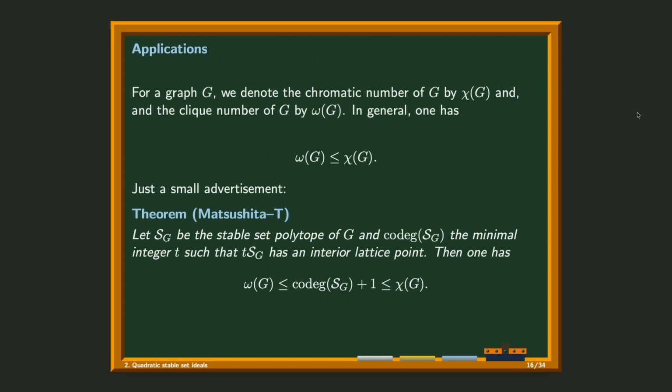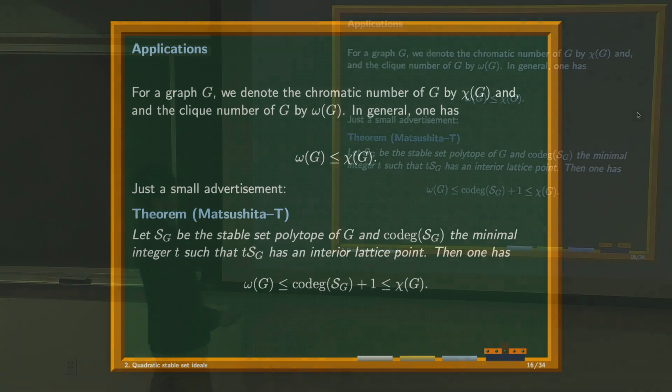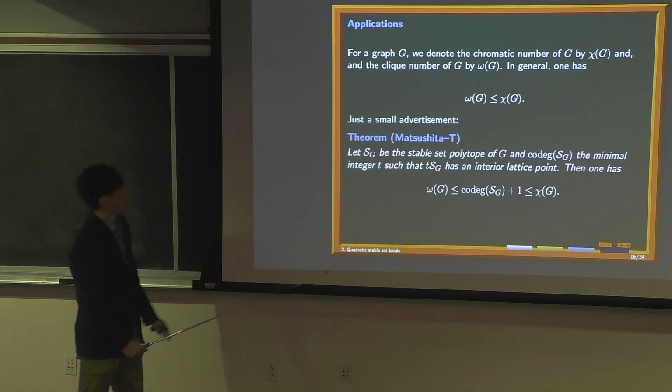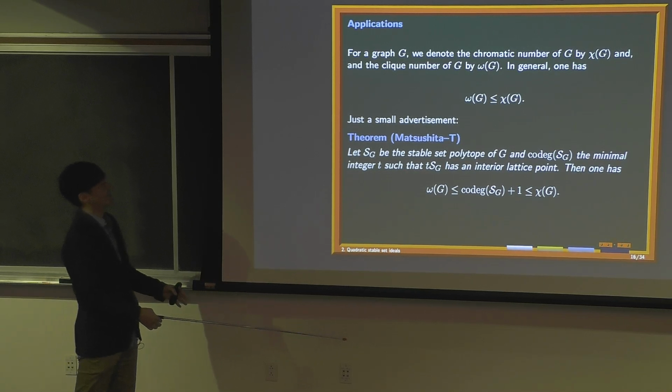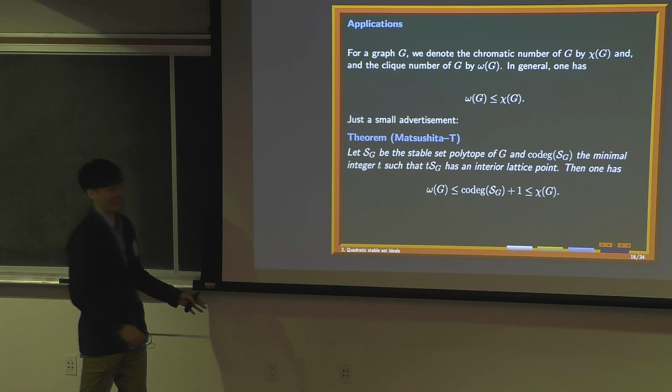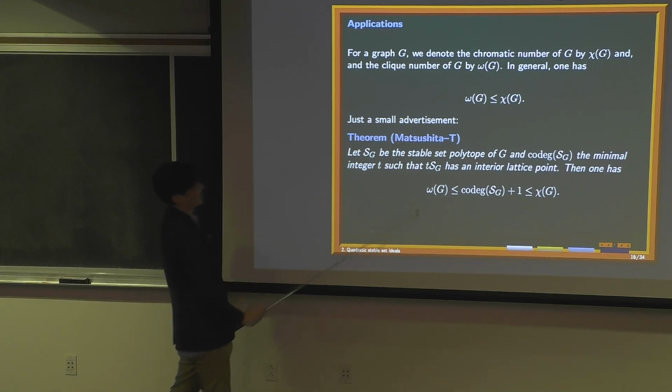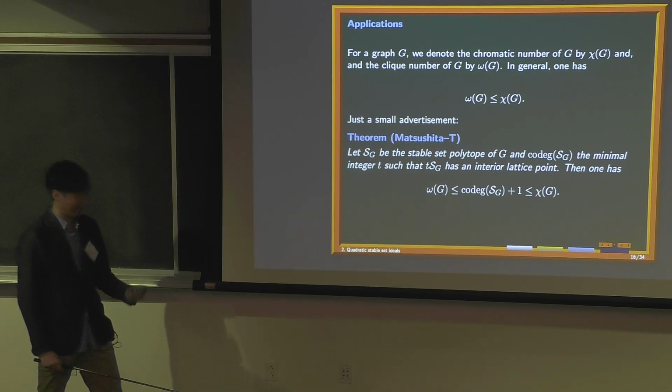So we know that the codegree plus 1 lies between these two invariants. This is just an advanced statement for Ehrhart theory people, and it is not related to coloring theory. Okay.